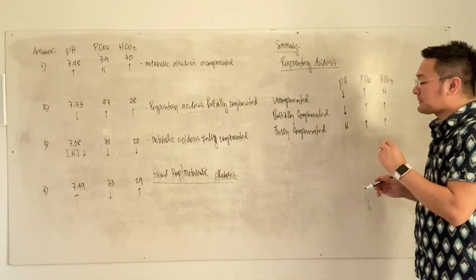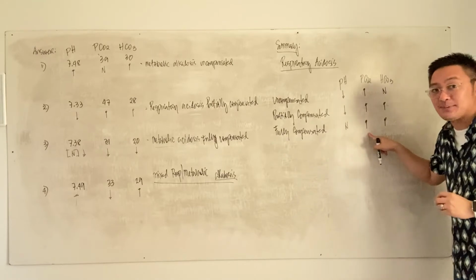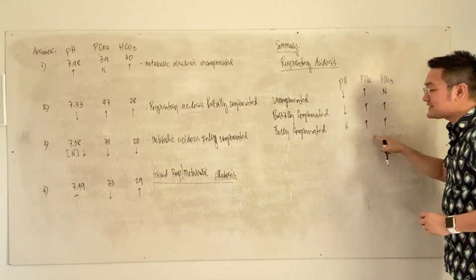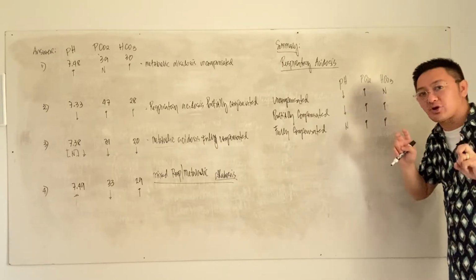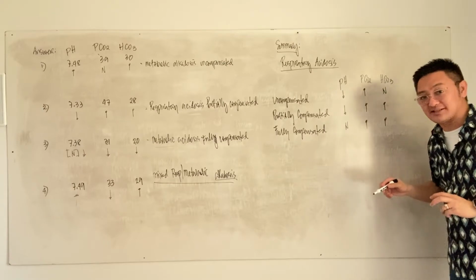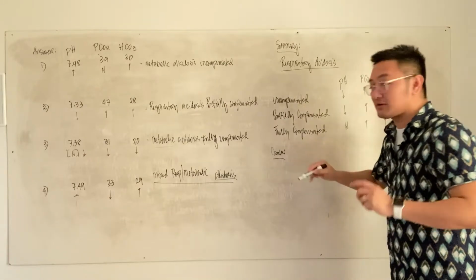A patient with respiratory acidosis, the main concern is that there's too much carbon dioxide in the body. So if you're able to figure out what causes increased carbon dioxide, or what we call hypercapnia, those are causes of respiratory acidosis. Okay, so let's identify what causes respiratory acidosis.